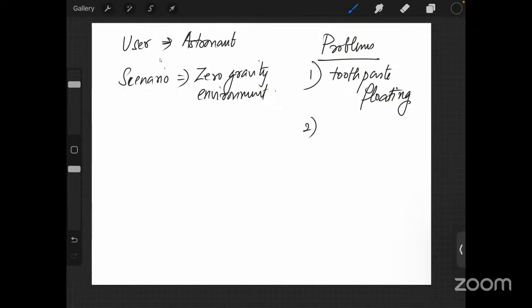Okay, so if you have it like that, maybe the motion of the toothbrush, right? Motion of the toothbrush, like motion of your hand to brush your teeth. That's another problem.